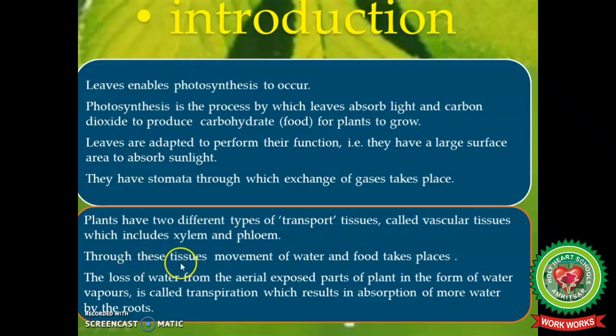Through these tissues, movement of water and food takes place. The loss of water from the aerial exposed parts of plant in the form of water vapors is called transpiration, which results in absorption of more water by the roots.